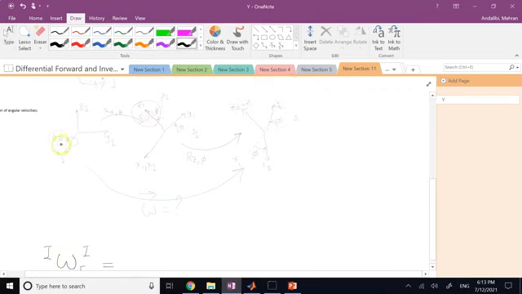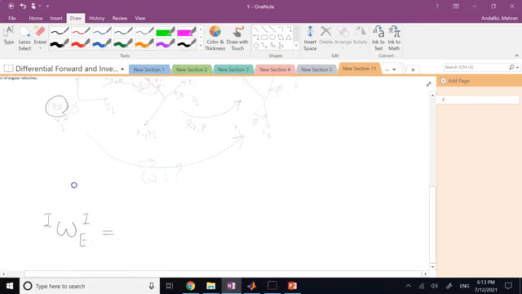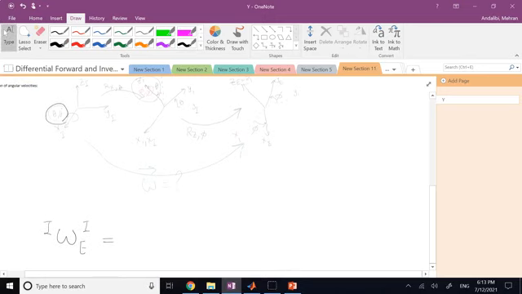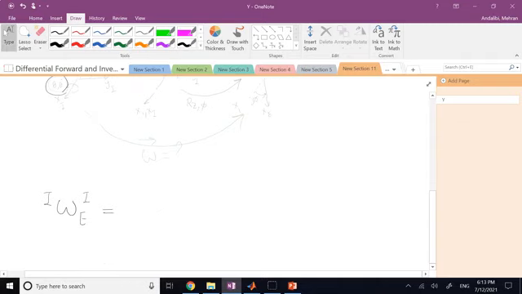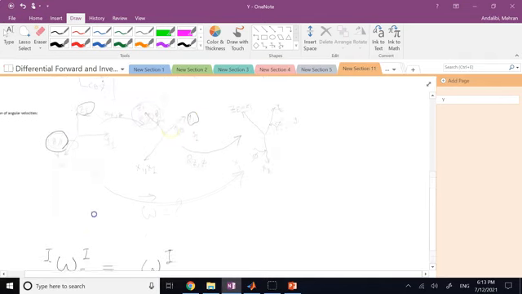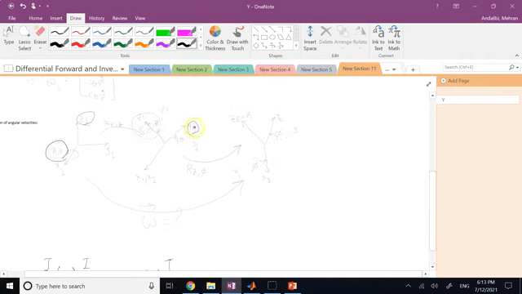Well, what is this first one, this theta dot? This is omega of frame 1 with respect to I, right? That's how frame 1 rotated with respect to I, correct?